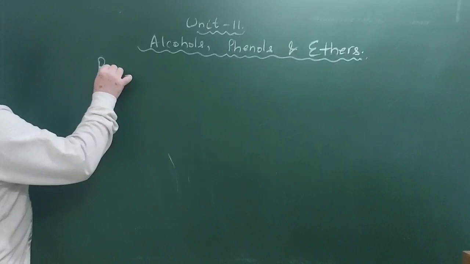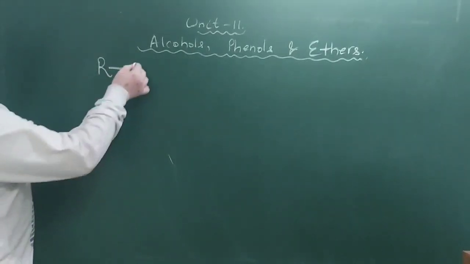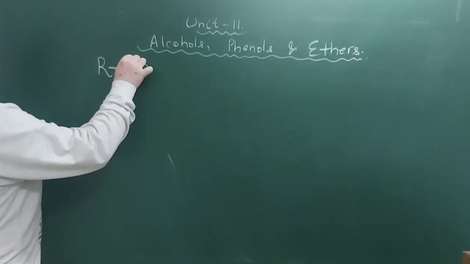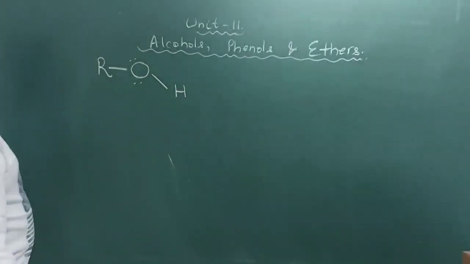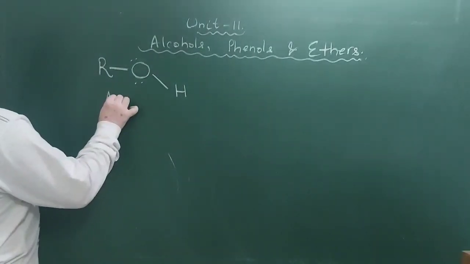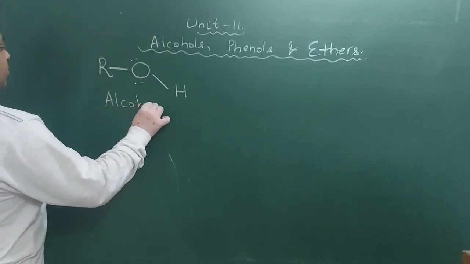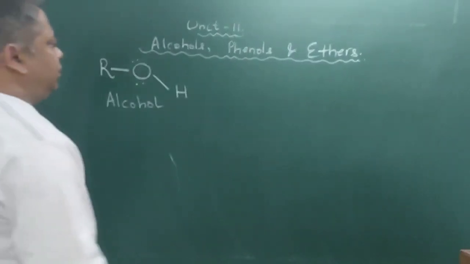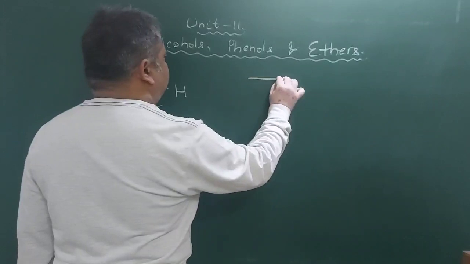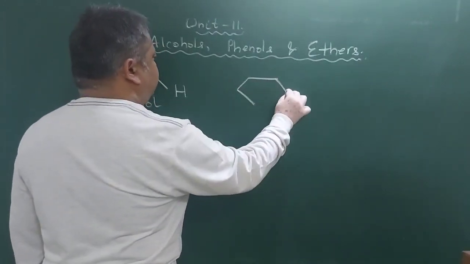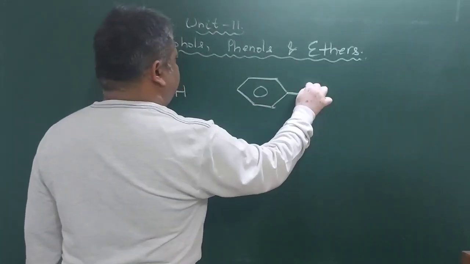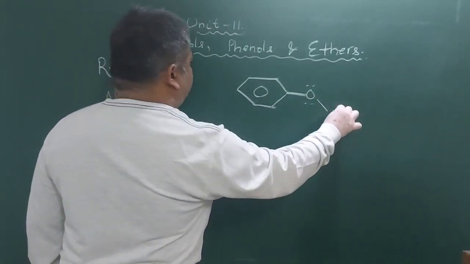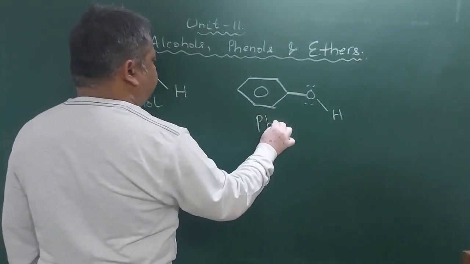Alcohol is a hydrocarbon containing an oxygen. Along with that, if there is one hydrogen, then we call it alcohol. In phenols, if there is any aryl group, then we call it phenol.